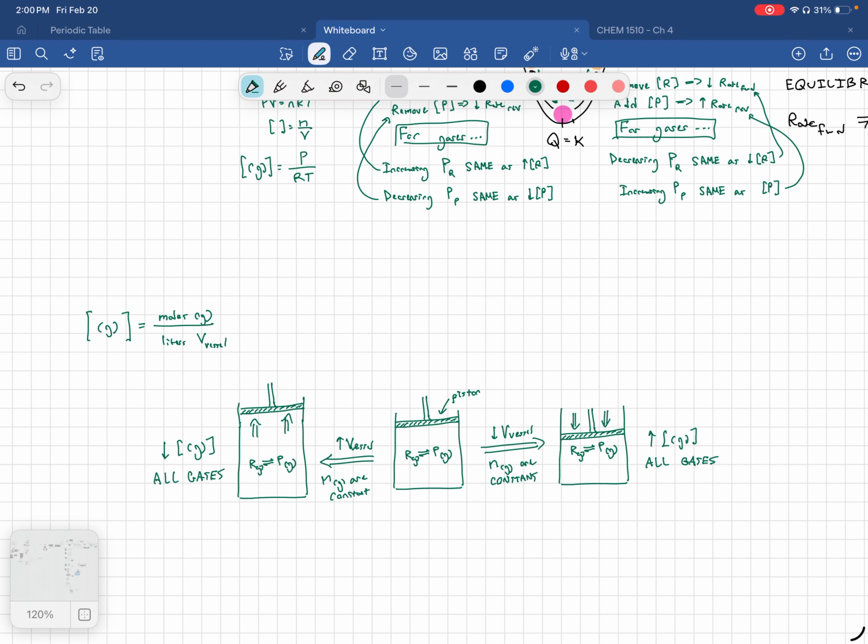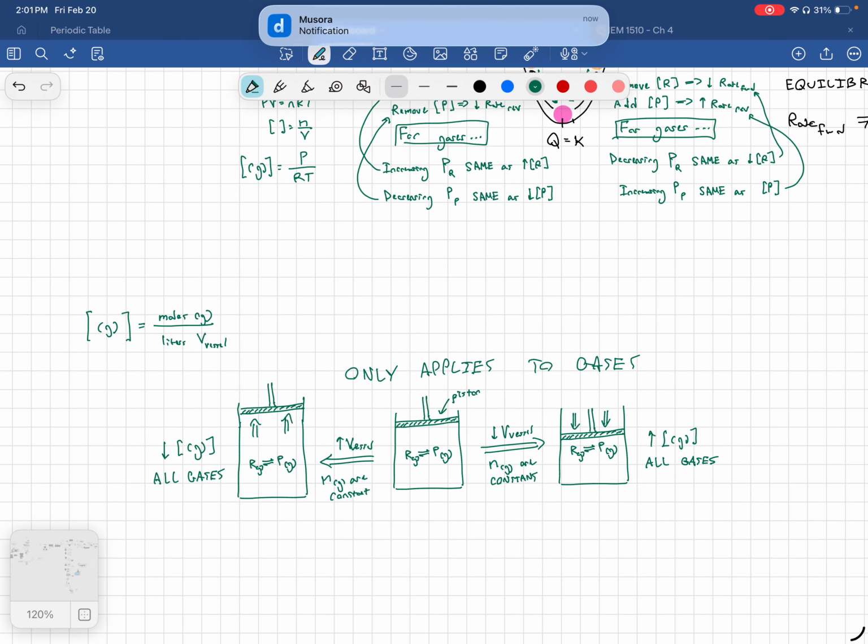So this only applies to gases. Anything that's a gaseous component of a reaction, its concentration and only its concentration will be affected by a change in the volume of the vessel.